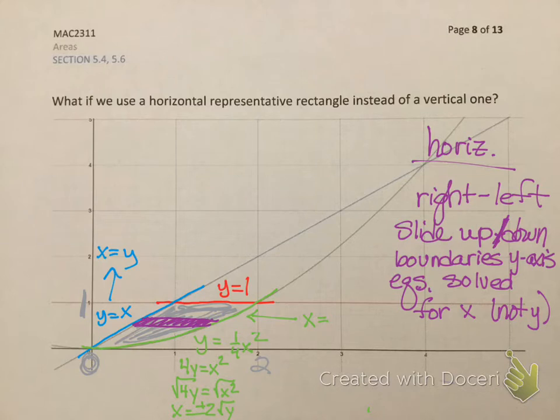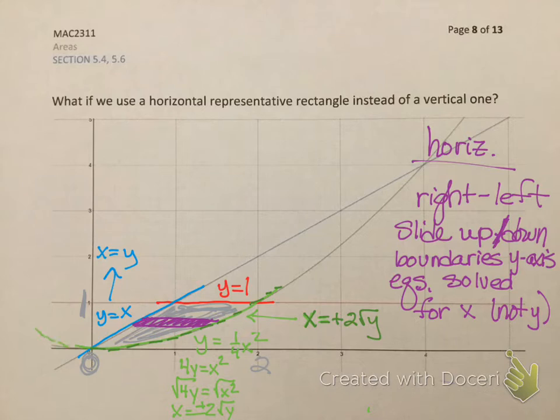All right, guys, let's see if I can show you this. This part of the curve is x equals positive 2 square roots of y.